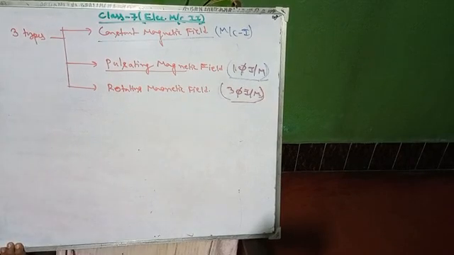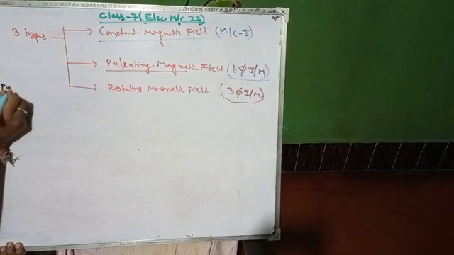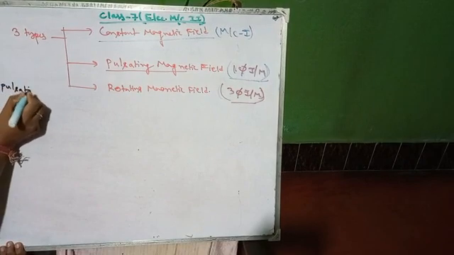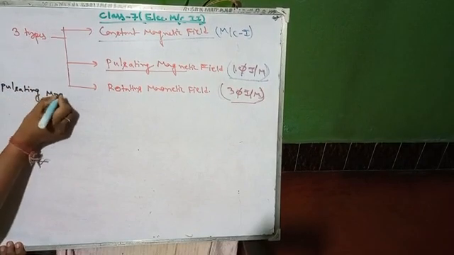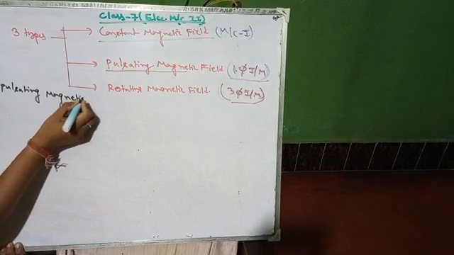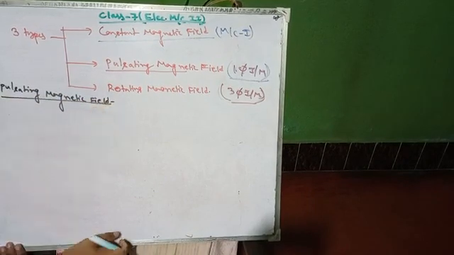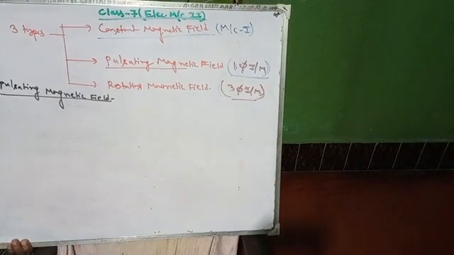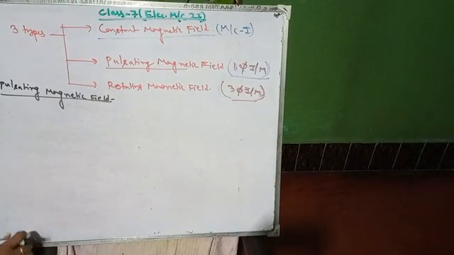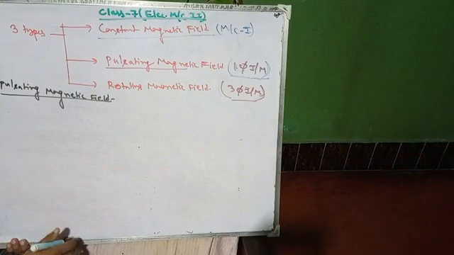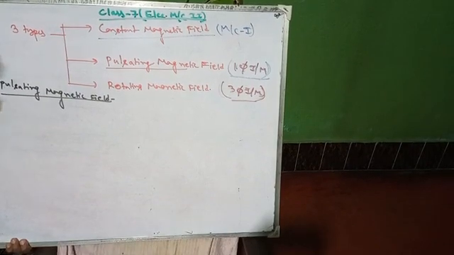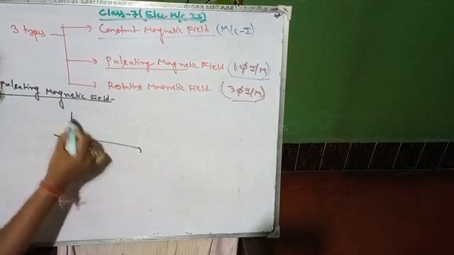Now put the heading: pulsating magnetic field. A pulsating magnetic field is nothing but when the field is generated, but it is pulsating in nature.